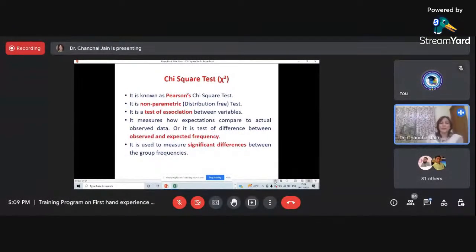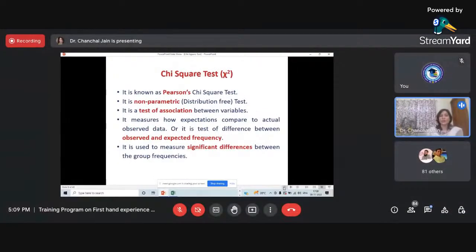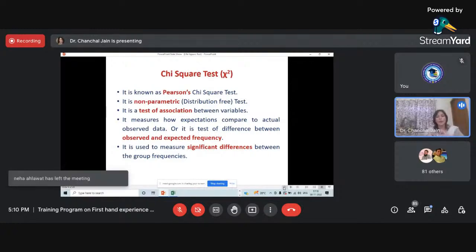Then, generally, whenever we are interested in finding the difference between the observed frequencies and the expected frequencies, in that case also we can go for the chi-square test. Because generally the parametric tests are concerned with quantitative data, but chi-square or non-parametric tests can also be applied on qualitative type of data.